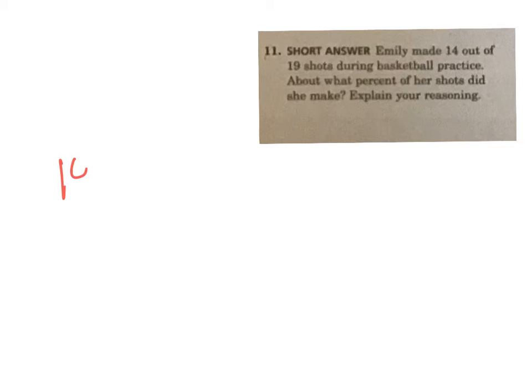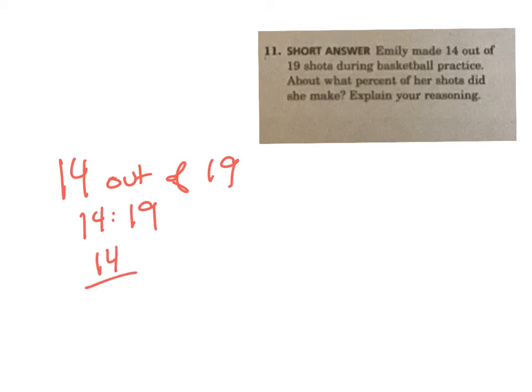Now you could write that as 14 colon 19, or you could write it like I did here, 14 out of 19. So 14 colon 19. Or you could write it like this, 14 over 19. Now remember that this line here means division.